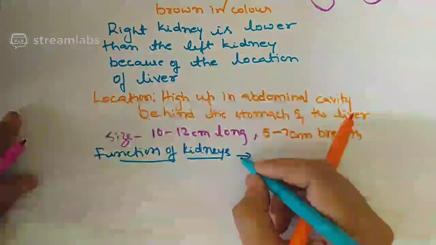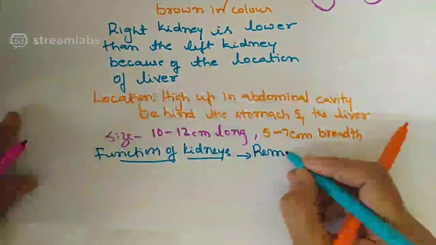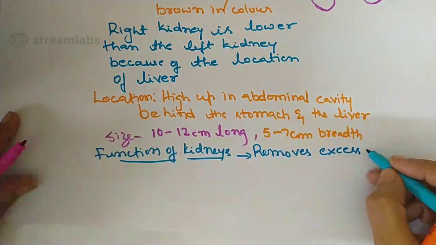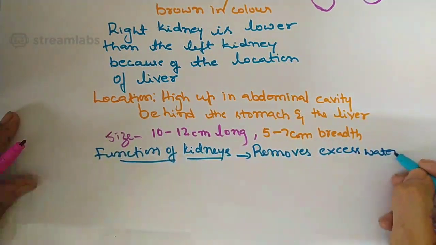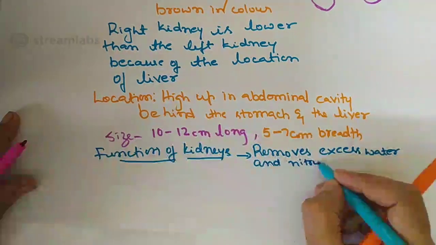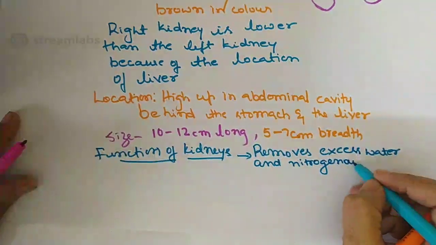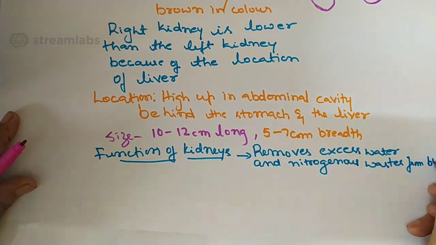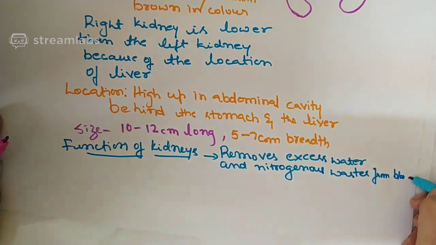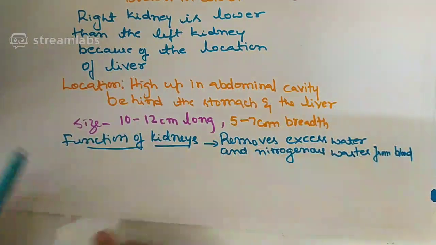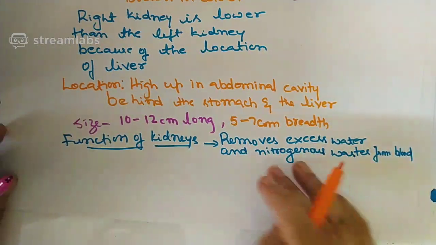It removes excess water and nitrogenous waste from the blood. From where? From the blood. Nitrogenous waste from the blood. How? In which form? In the form of urine.